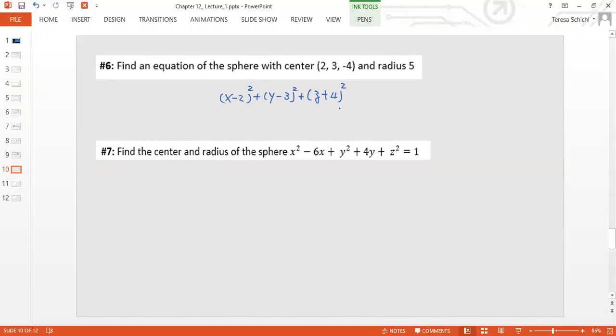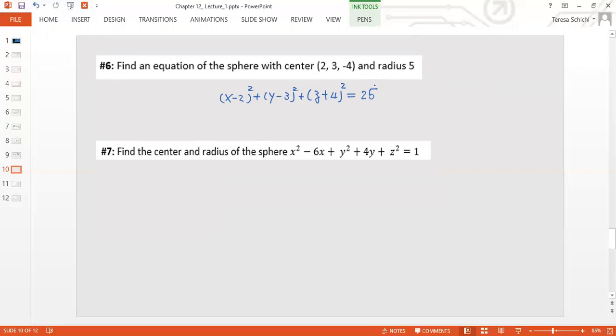What is it equal to? Equal to r squared, so it's 25. This is the equation of the sphere here.